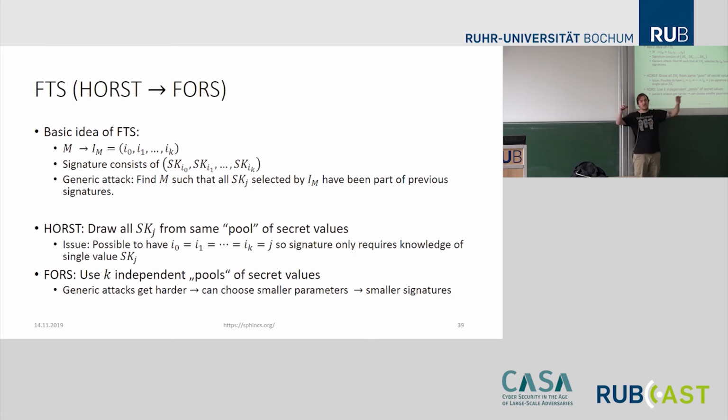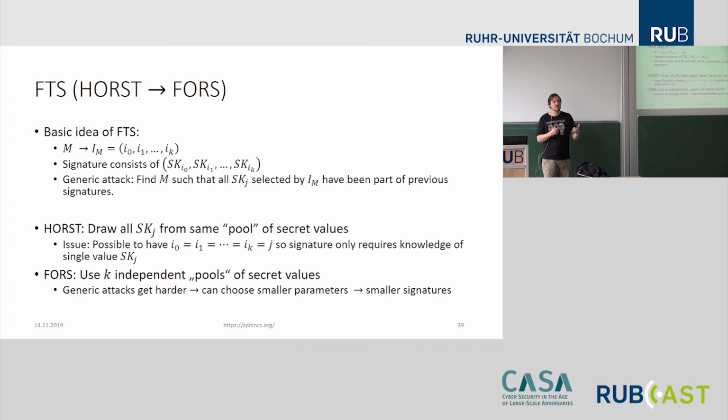Okay, so you've got a long vector of secret values, and you take your message to essentially pick up to k of them. And so a generic attack that you can run against this is you find a message such that all the secret key values which get selected by this index set you've already seen in previous signatures.